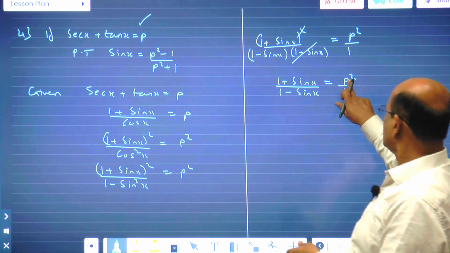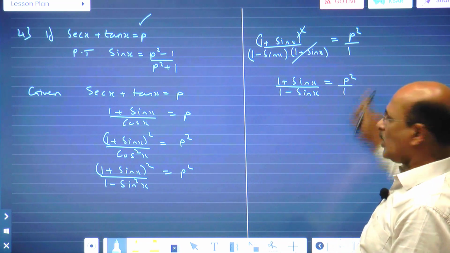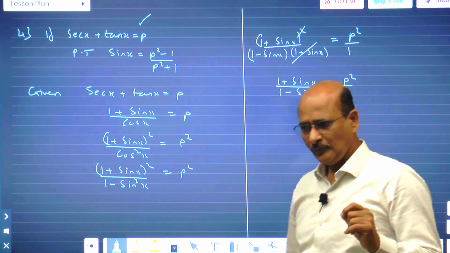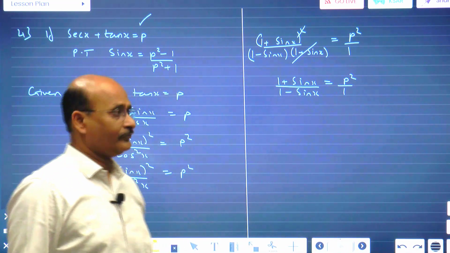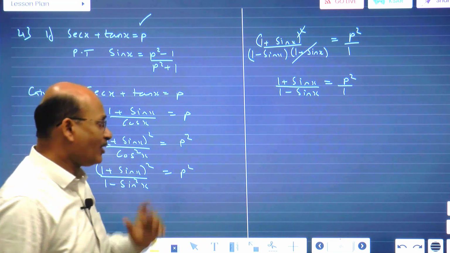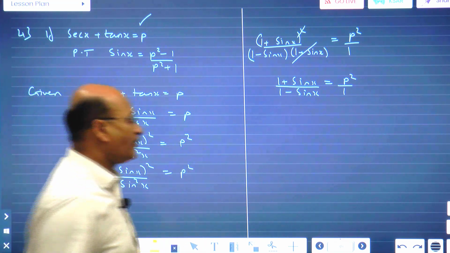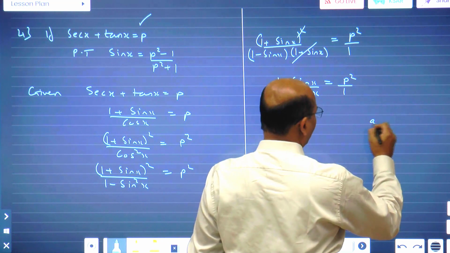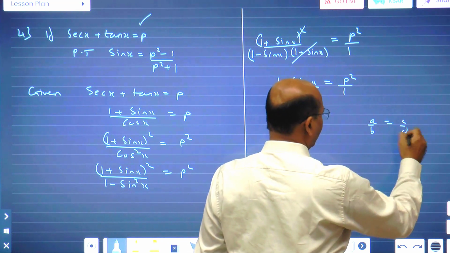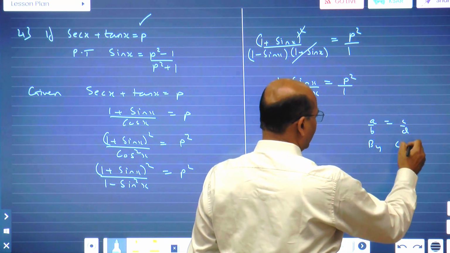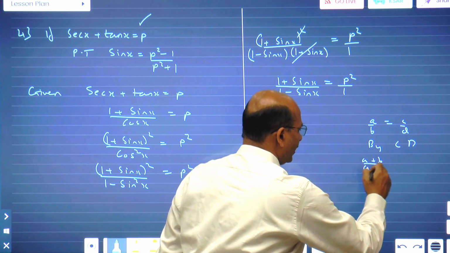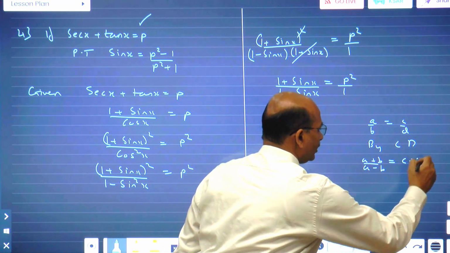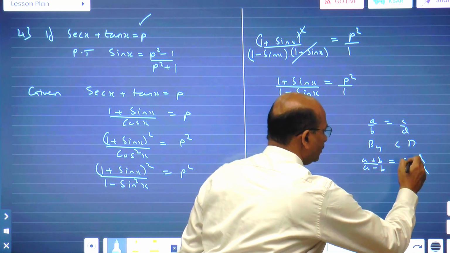So if you see p square, does anybody know the componendo dividendo formula? Do you remember the componendo ratio properties you had done? If a upon b is equal to c upon d, then by componendo dividendo method, a plus b upon a minus b is equal to c plus d upon c minus d.